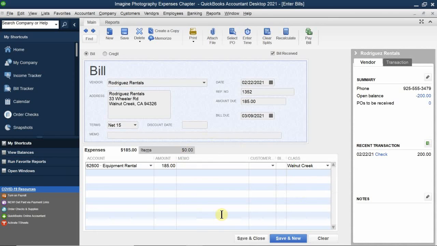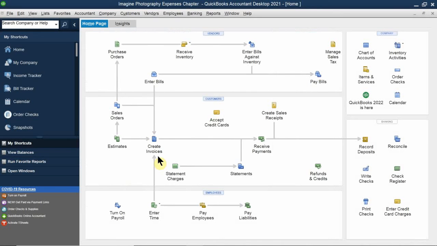And I'm going to go ahead and save. Now, because they billed me $185, that means I'm going to get a refund from Rodriguez because I ended up giving them a deposit of $200. That means I should be getting $15 back.